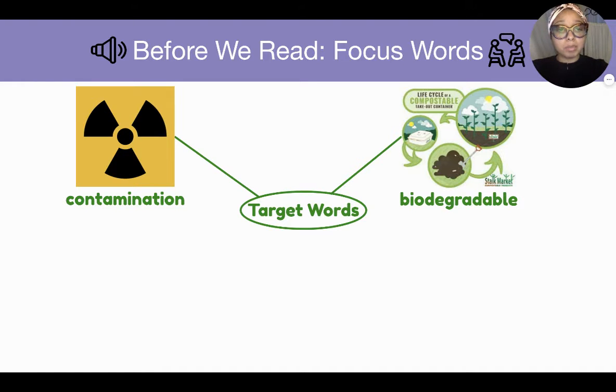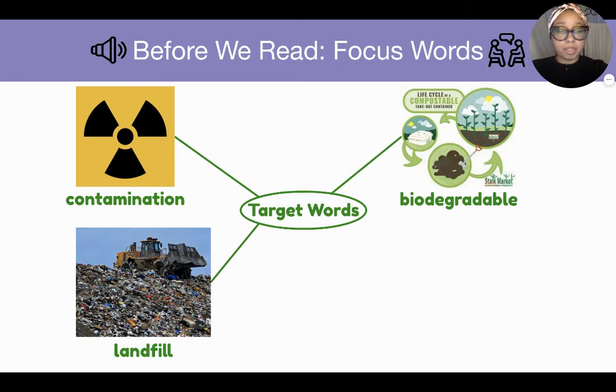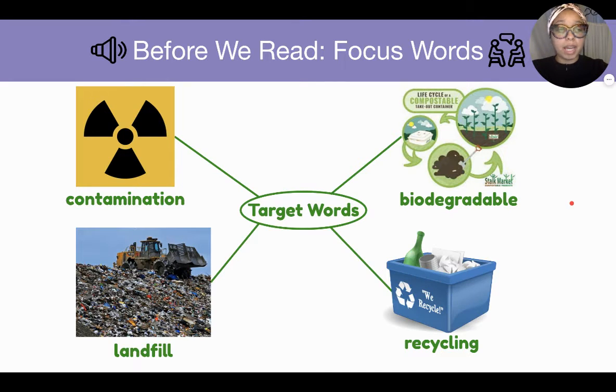Biodegradable means that a substance or an object can be put back into the earth and broken down and eventually used as nutrients for new plants to grow in that soil. Landfill. This is a place where waste or garbage is put under the earth. And recycling. Recycling is when we take materials that we can reuse in the future.